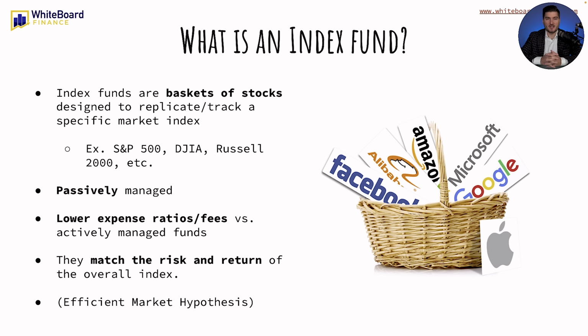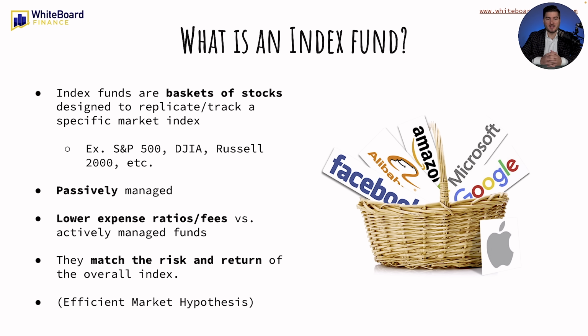The thing with index funds is that they're passively managed, meaning that there's not an active portfolio manager, which we'll talk about later in this video. The other thing is that since they are passively managed, they are typically able to give you lower expense ratios and fees versus actively managed funds, which I'll show you an example of here in the next slide or two.